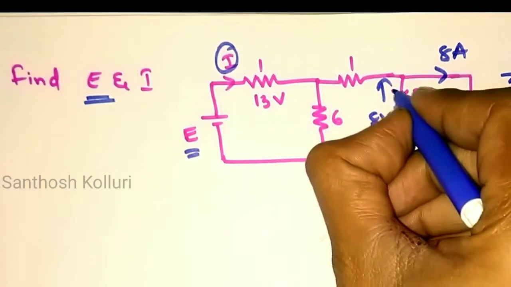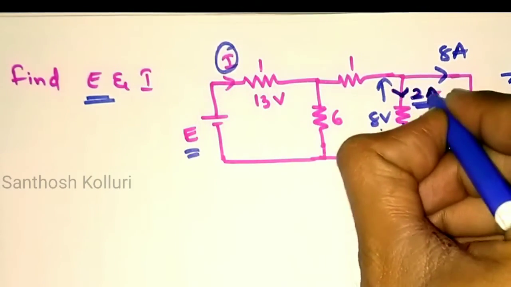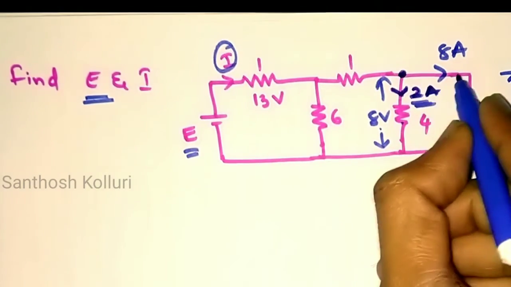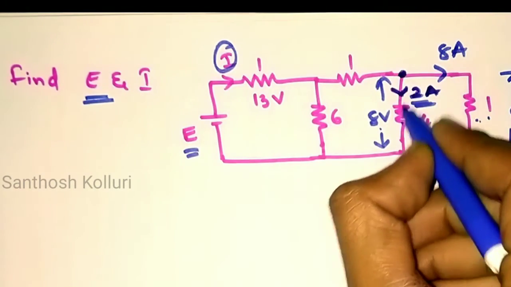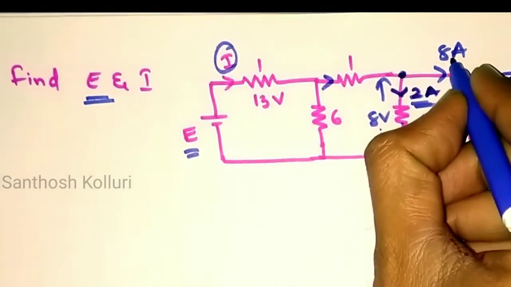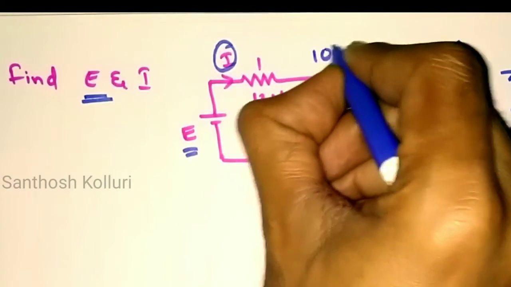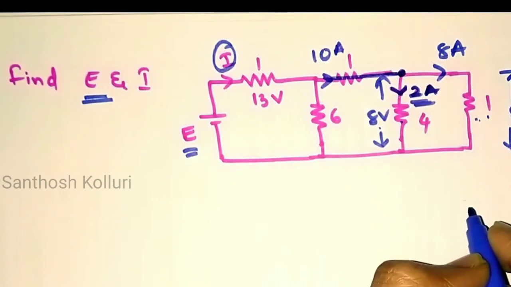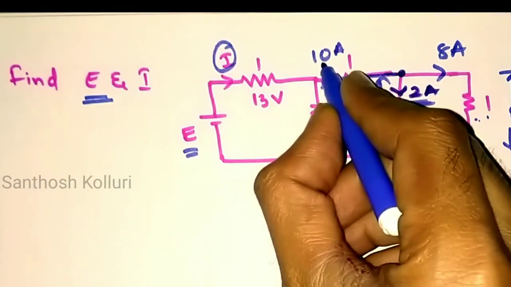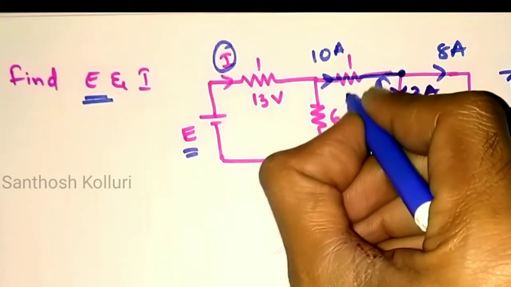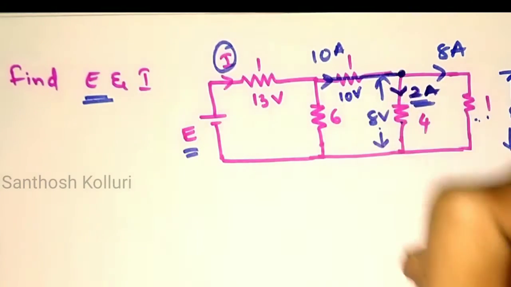If I come in reverse, at this node applying KCL, the leaving currents are 8 amperes and 2 amperes, which must be equal to the entering current. So 8 plus 2 is nothing but 10 amperes entering at this node. If I know the current value here, 10 amperes, I can calculate the voltage across this resistor: 10 into 1 is 10 volts.